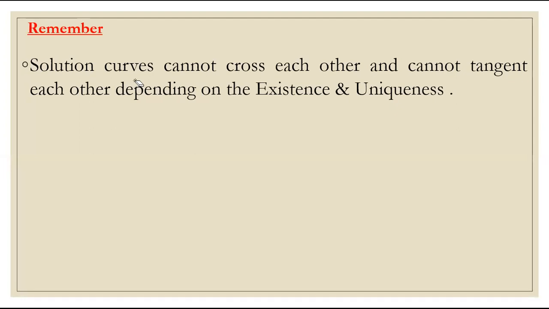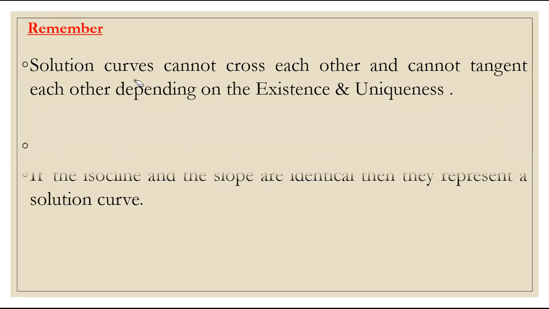If we try to draw all those solutions, there are no common points between any two solutions. Any two solutions can't cross each other and also can't be tangent to each other at all. And that depends on the existence and uniqueness theorem.